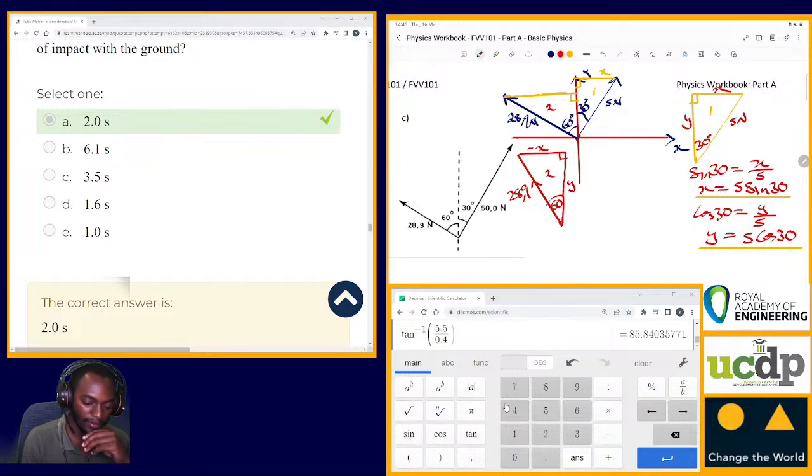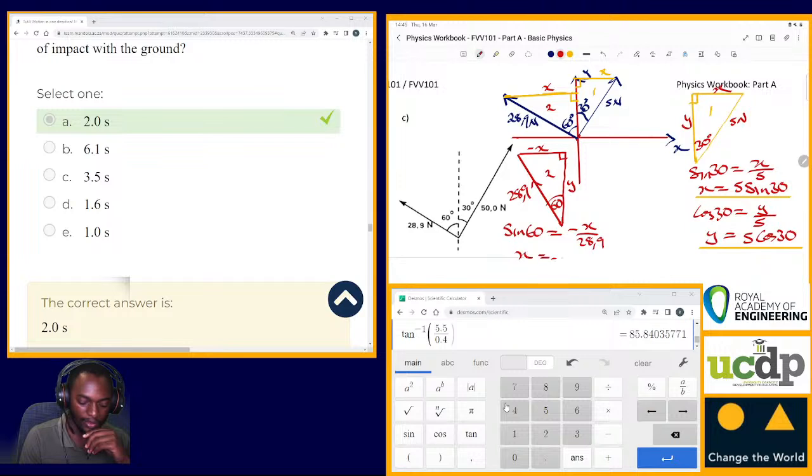Yes, x is going to be opposite, so it's going to be sine. So sine 60 is equal to opposite, which is our negative x, over the hypotenuse, which is 28.9.